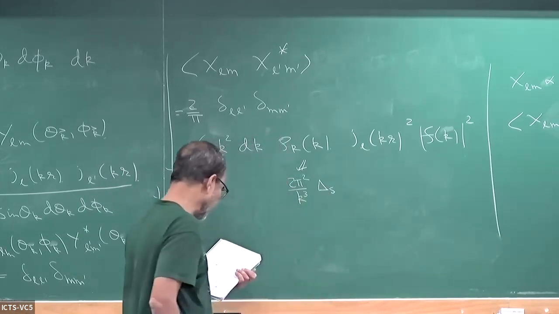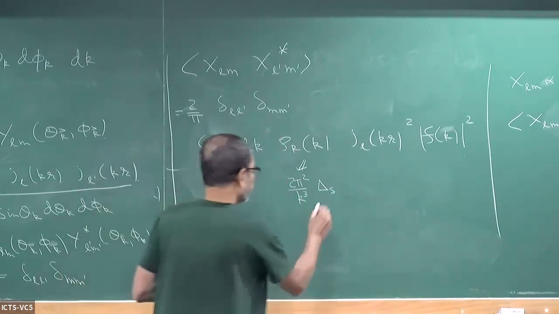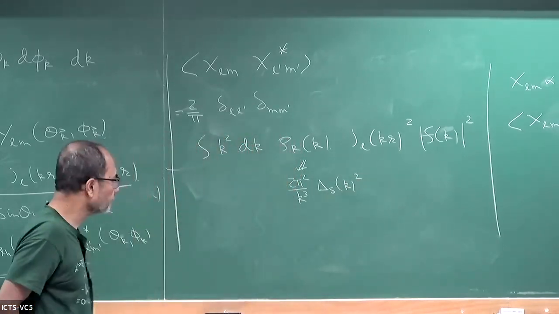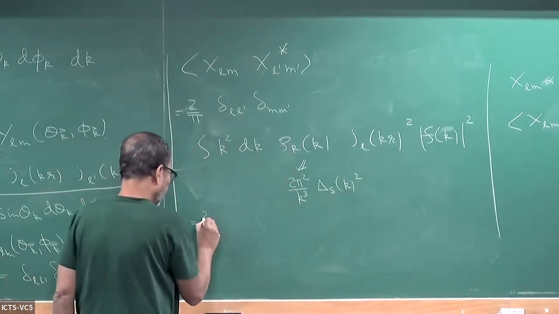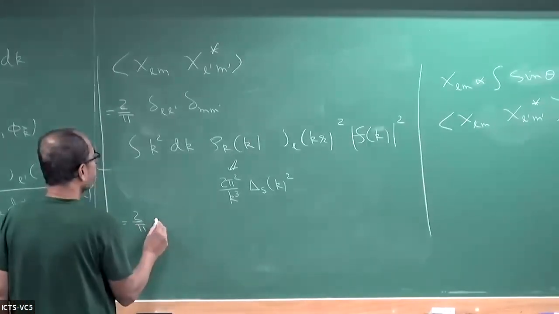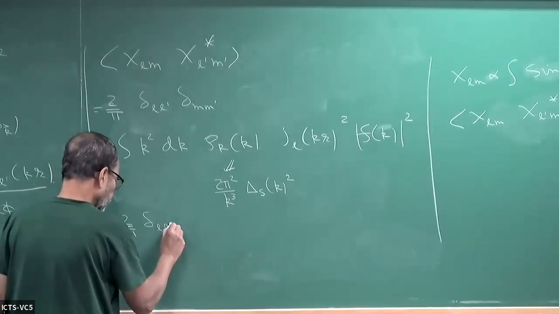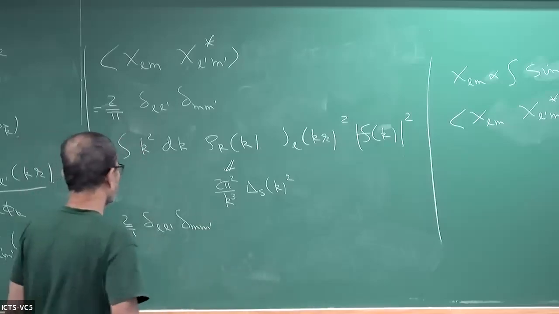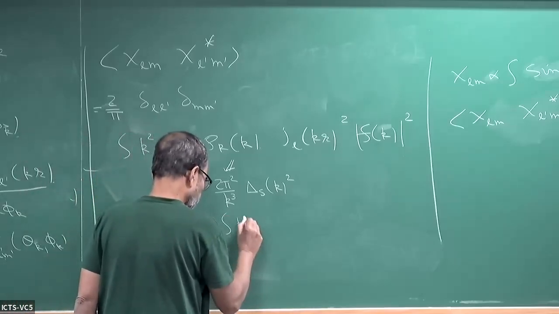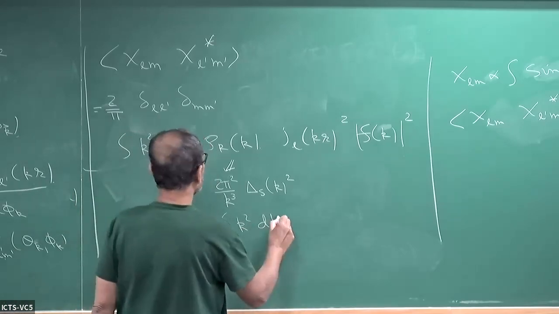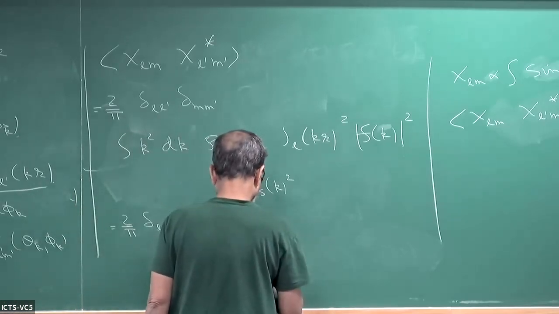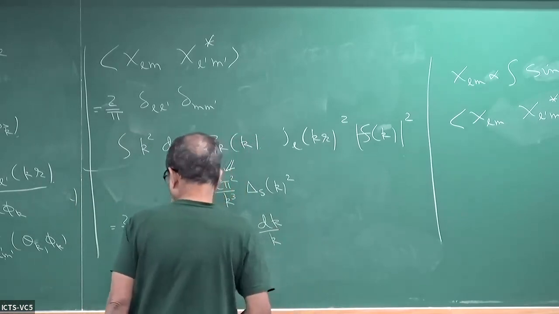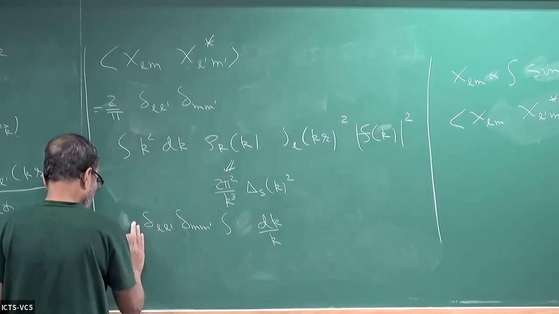That was the definition of delta S. Okay, so if you use that, we get 2 over pi. Pi square we can take outside, so it becomes 4 pi.